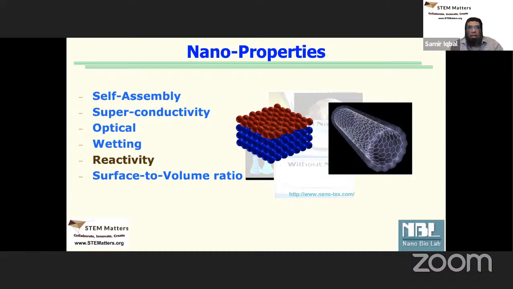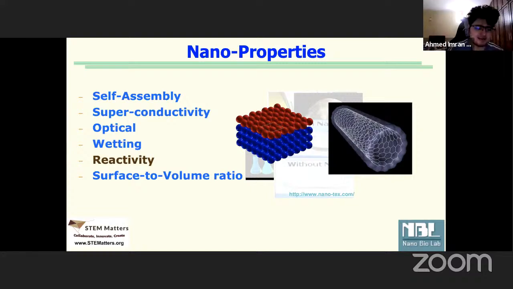On the right-hand side, I'm showing a picture of a carbon nanotube. Every atom of that carbon nanotube is available for reaction, right? If you put a carbon nanotube in a solution for some reaction, each carbon is there for reaction, binding, whatever we need to achieve. But if I have a big chunk of carbon, give me an example of a big chunk of carbon. Diamond.